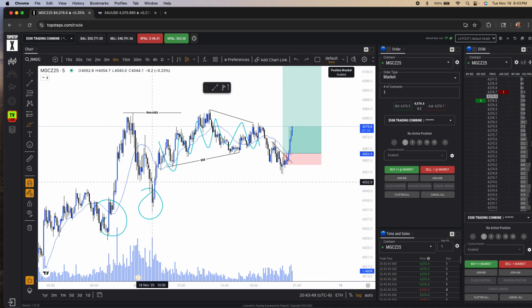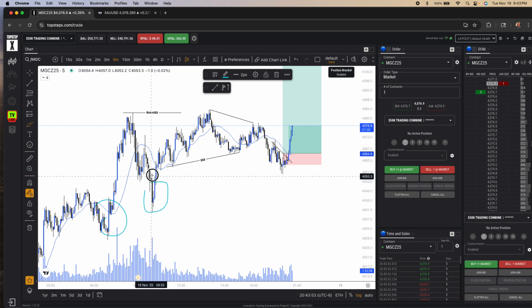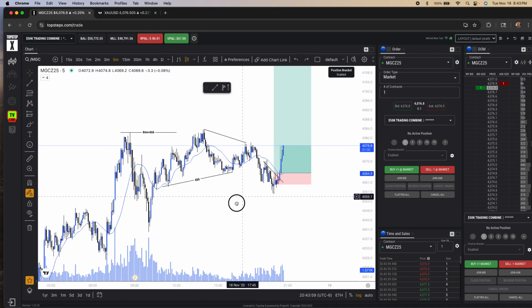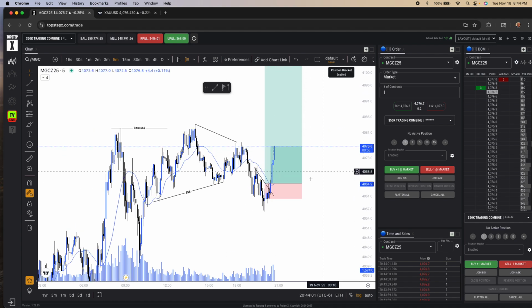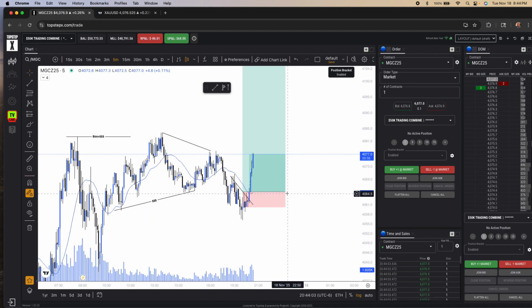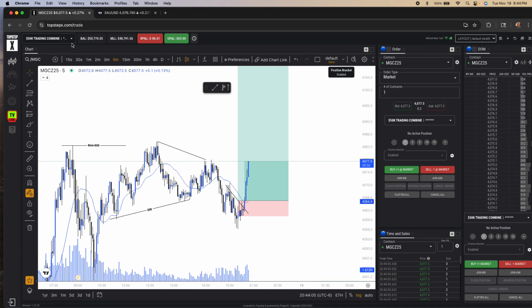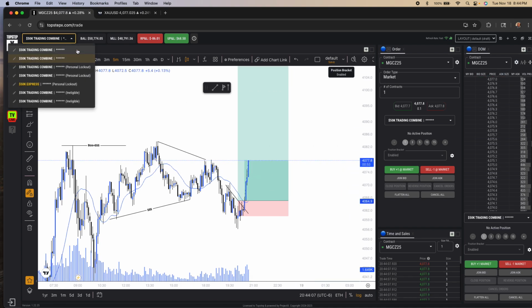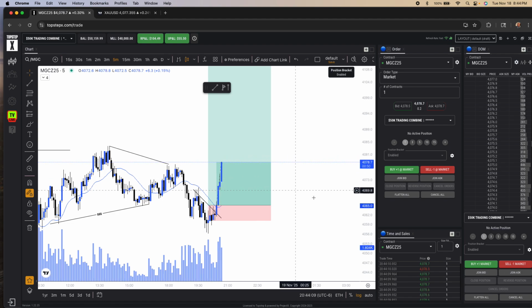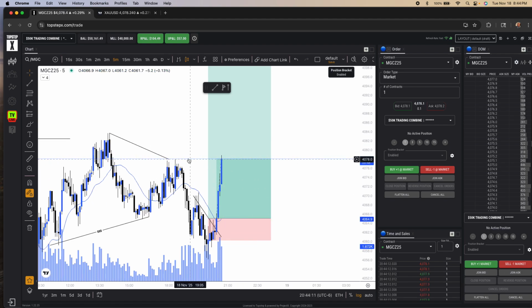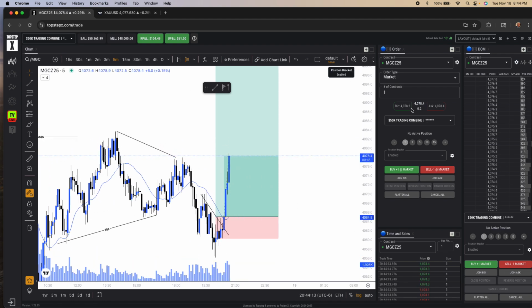Now I wanted to see a mitigation of this down close candle, but we kind of already got that, to be honest. So it wasn't necessarily needed. But that was the breakdown for gold, and I wish it didn't take me out, but oh well. I may get back in and see what happens.